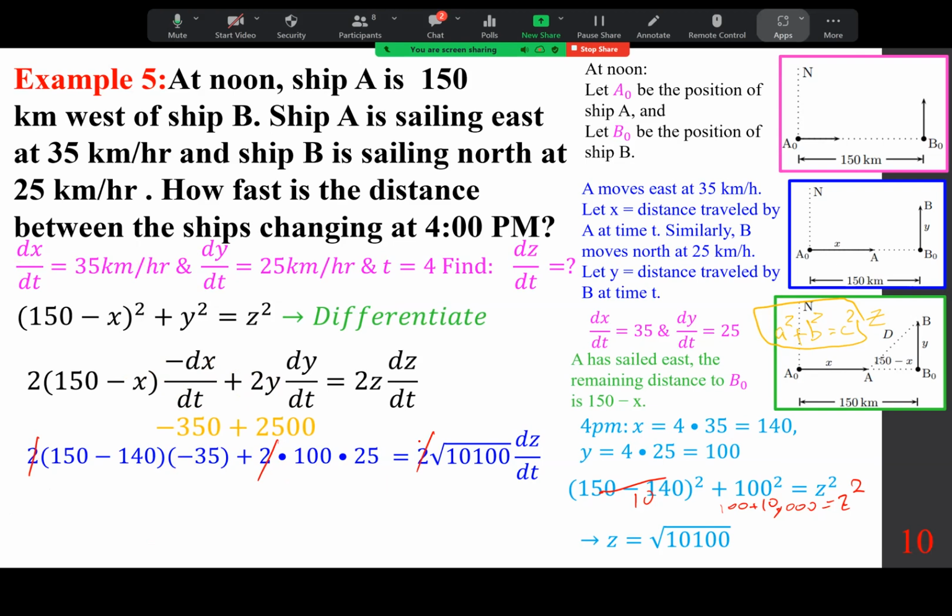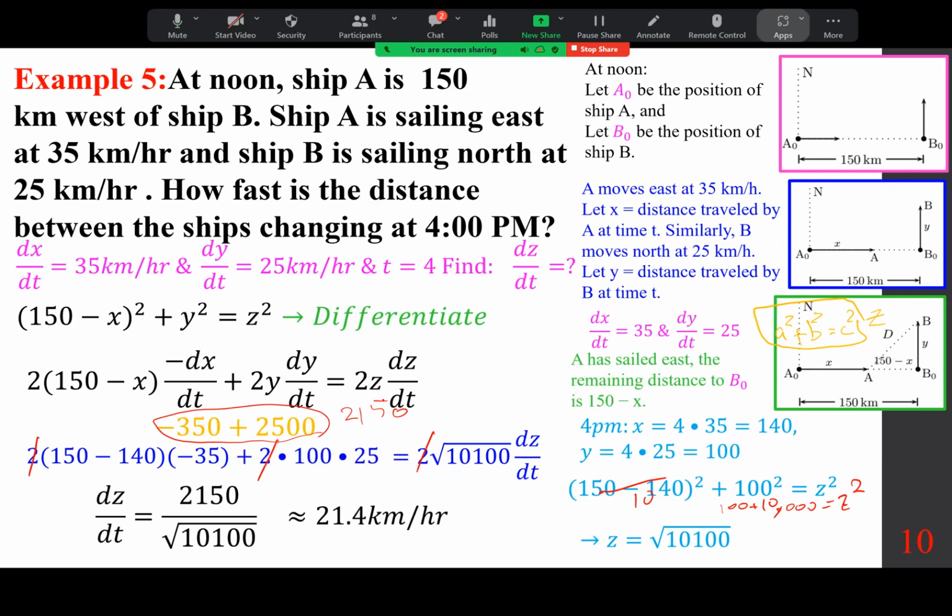You can't just drop it, but you can factor out the 2 from both sides. And so this ends up being 100 divided by the square root of 10,100. And if you use a calculator now, about 21.4 kilometers per hour.